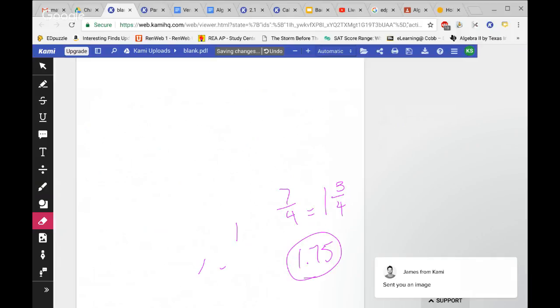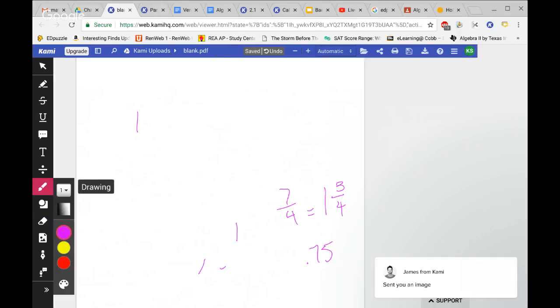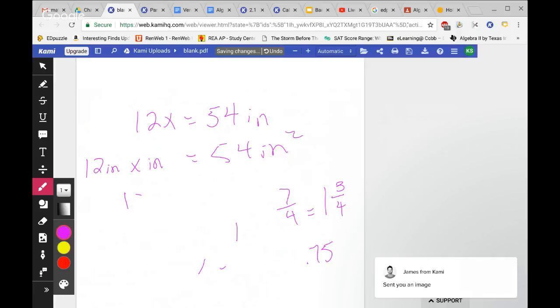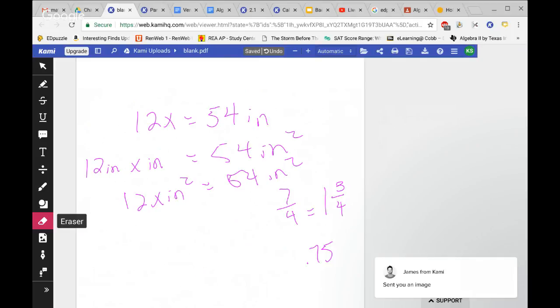So would you just get 4.5 inches squared? Well, technically, this is 12 inches times x inches equals 54 inches squared. So we have 12x inches squared equals 54 inches squared. So when I divide both sides by 12, what did you get? 4.5.